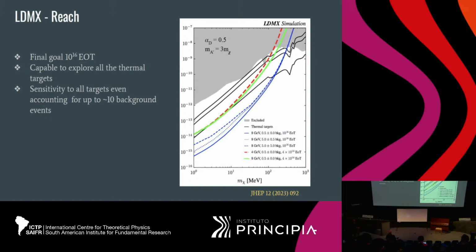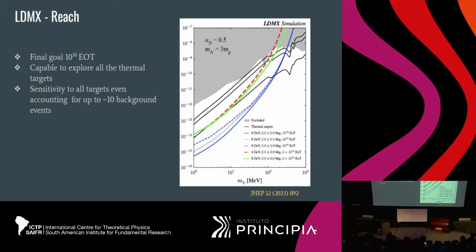This is a simulation, obviously, and it shows the projected sensitivity for this experiment in a first phase and in a second phase, which changes depending on the statistics. The first one is a bit more achievable, it's 10 to the 14, and you have some differences depending on the kind of beam you are going to use.